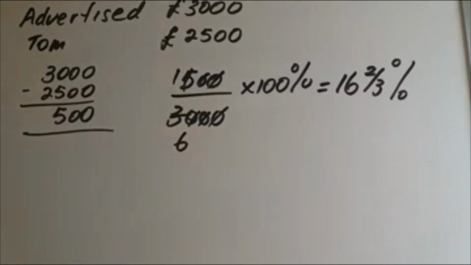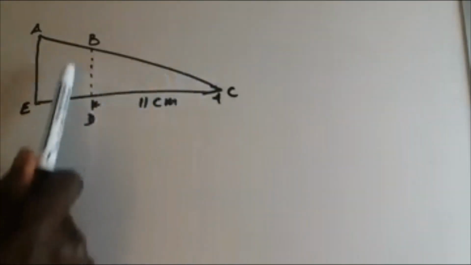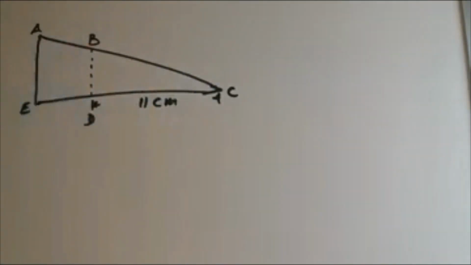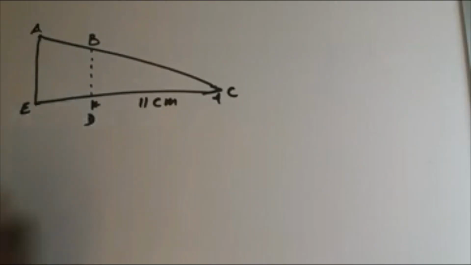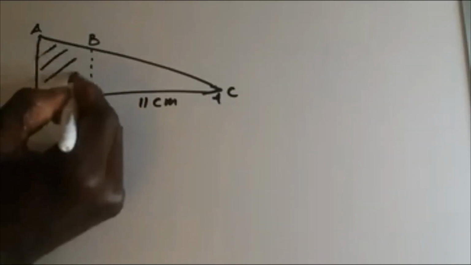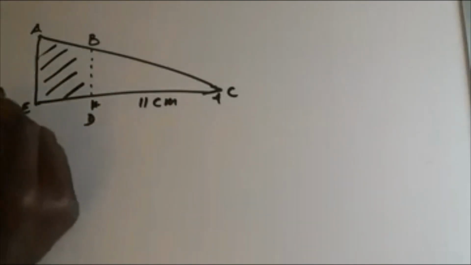Here we have a diagram of a triangle that has been cut into a smaller triangle here and a trapezium, and we need to work out the area of the trapezium A, B, D, E. So this shaded part here, and we're given some more measurements.